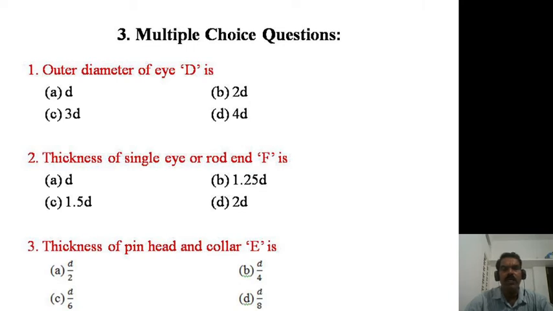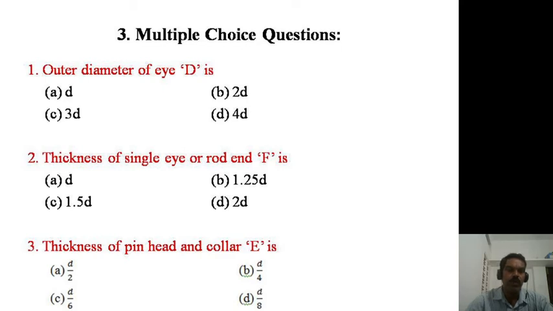Outer diameter of the eye, capital D, by the empirical formula, is equal to 2d. Therefore the right answer is the second one, B, that is the outer diameter of the eye, capital D, is equal to 2d. So this is the right answer for question number 1.